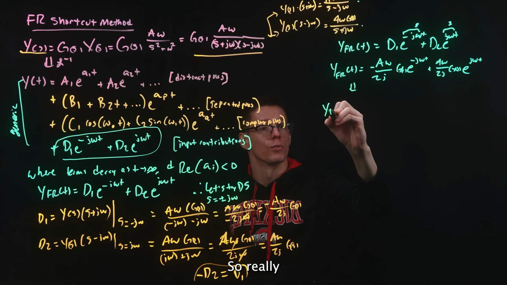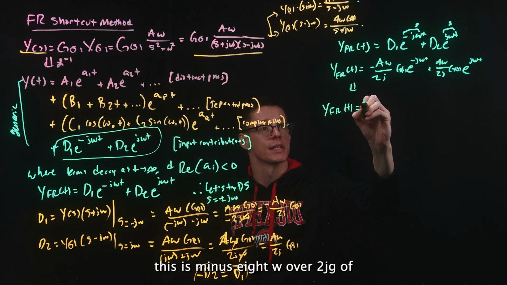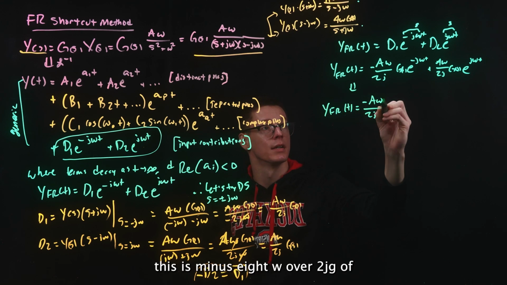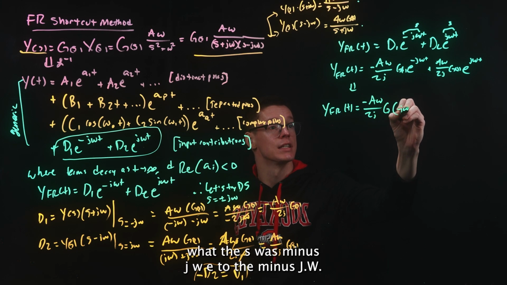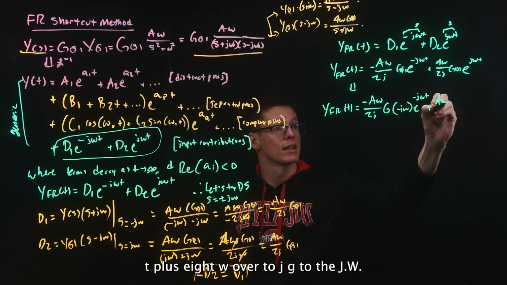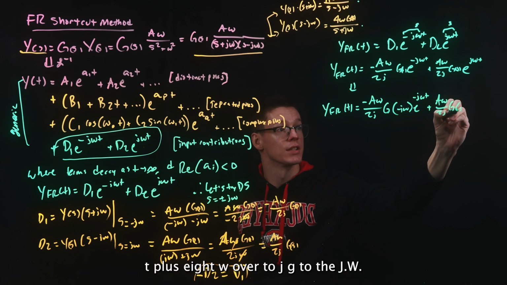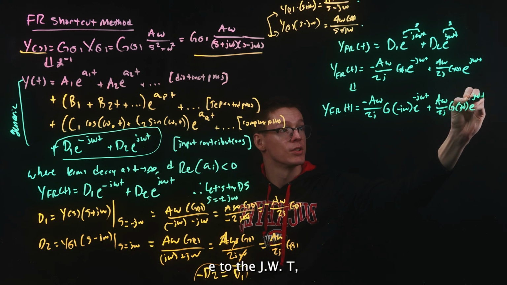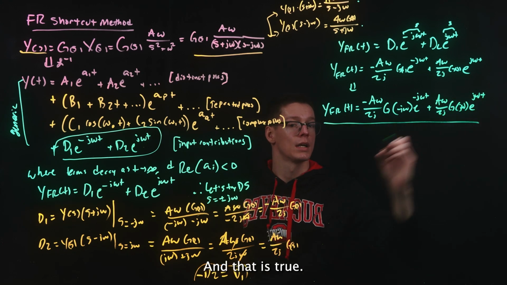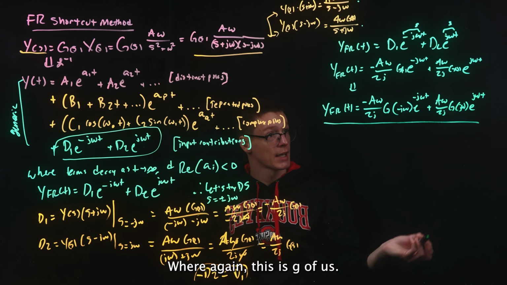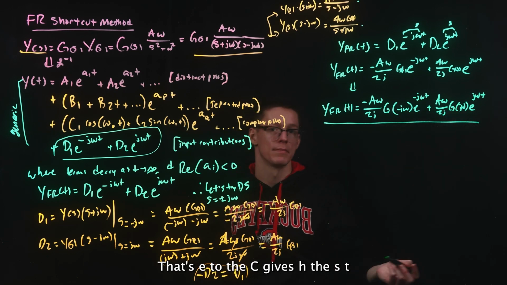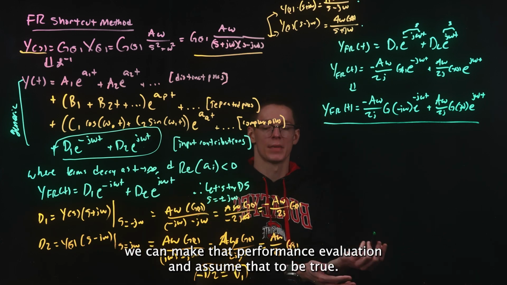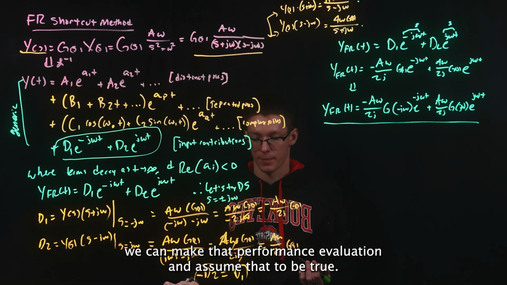So really, this is minus AW over 2J G of what the S was, minus JW e to the minus JWT plus AW over 2J G of JW e to the JWT. And that is true. Where again, this is G of S, that's e to the ST. We can make that performance evaluation and assume that to be true.